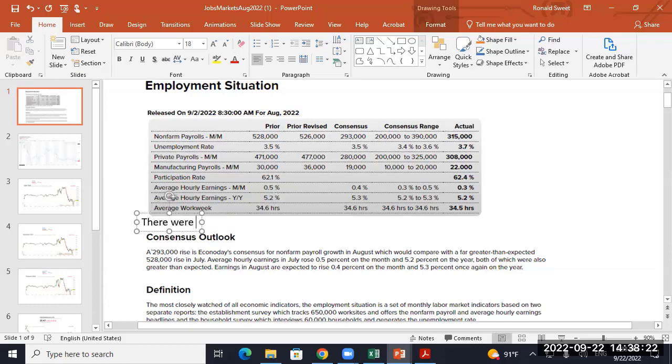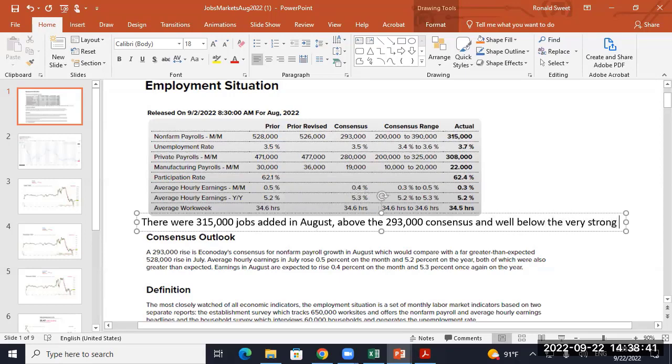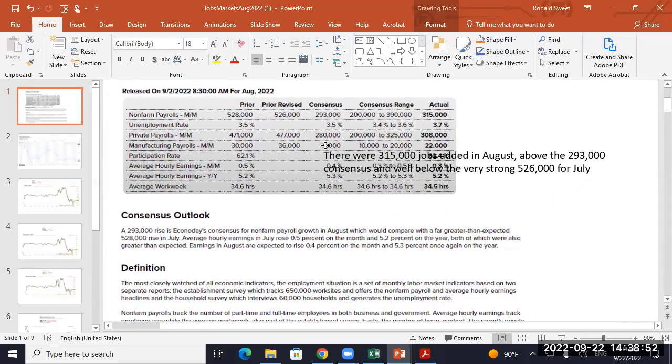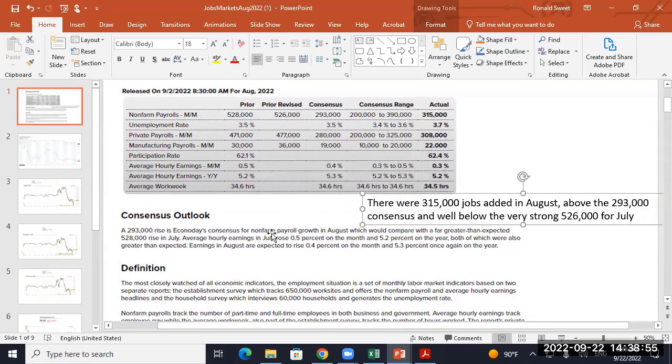There were 315,000 jobs added in August, above the 293 consensus and well below the very strong 526,000 for July. How many sentences did it take me? Is that clear?